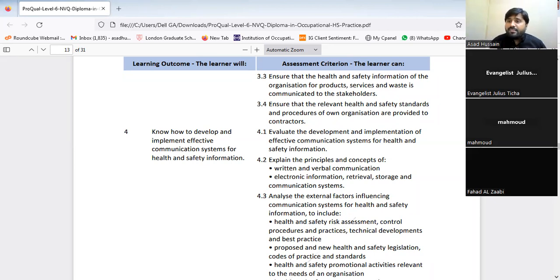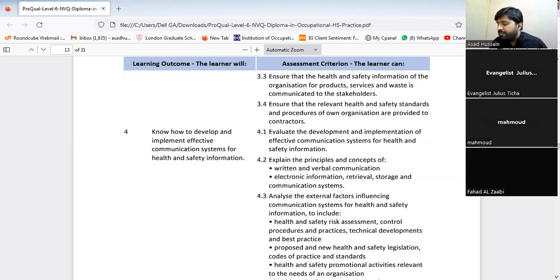The second is the stakeholder, the interested parties' requirement. And the third is your organizational requirements, that is, you have some internal procedures. So you have to communicate that procedure to the contractors.